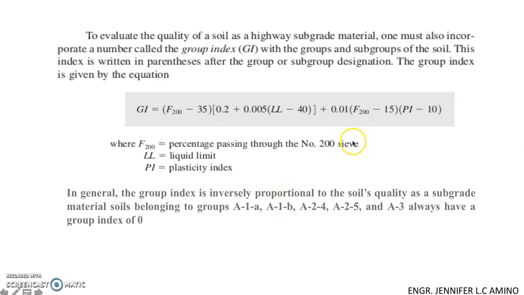If the group index is very low, then there could be a high quality of the soil. So it's inversely proportional. The value of the group index is inversely proportional to the soil's quality to be used as subgrade material.